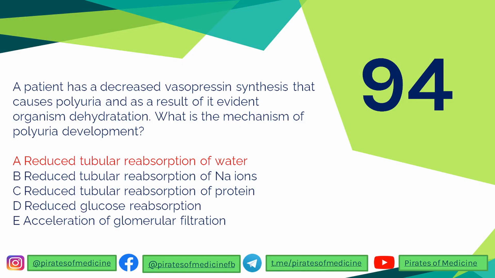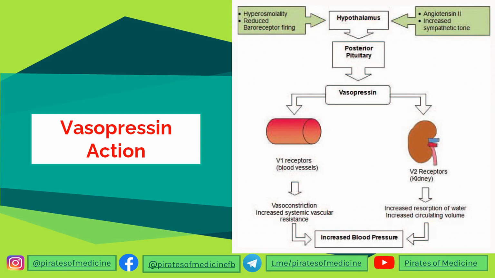The 94th question is that a patient with decreased vasopressin synthesis had polyuria, and as a result evident organism dehydration is seen. What is the mechanism of polyuria development? So see that vasopressin is being decreased, the synthesis is being decreased. We did just now that vasopressin increases reabsorption of water from the kidneys.